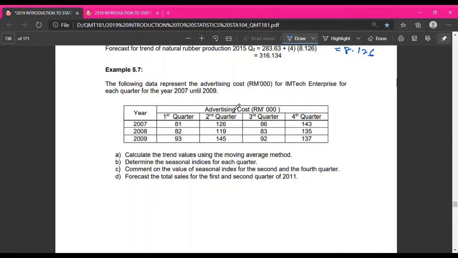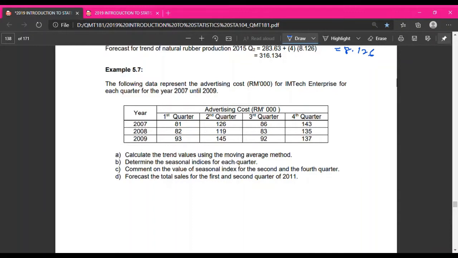Our variable is advertising cost. Question A: calculate the trend values using the moving average method. So we need to decide which moving average method to use. The period of the moving average should be 4, right?